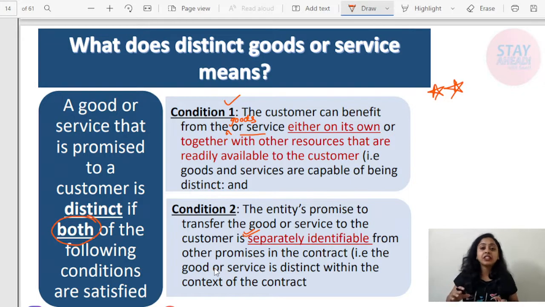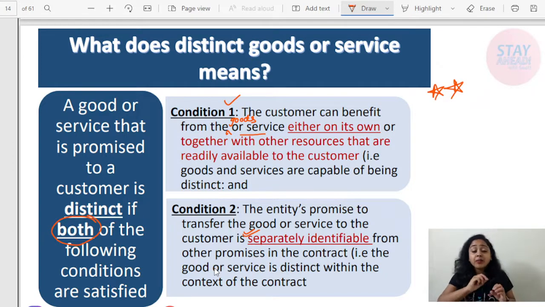These are the two conditions. If you take the perspective of the overall thing, you apply condition 1. If you are seeing it from the perspective of a particular contract, you have to see whether it is separately identifiable. If yes, only then will they be considered distinct goods and services.